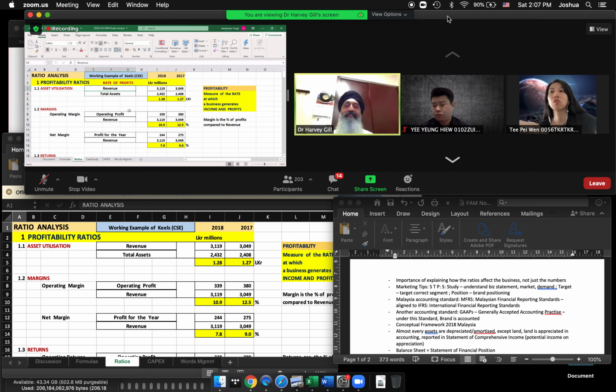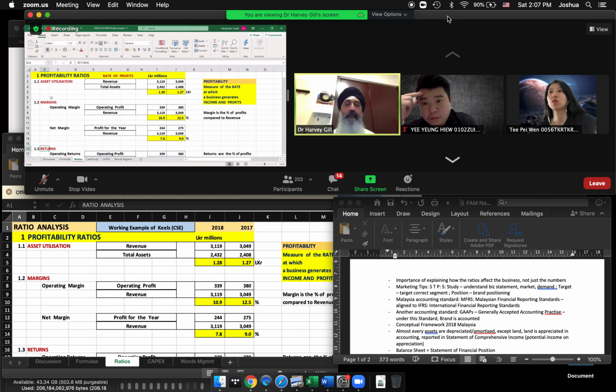So when we look at profitability, there are three broad areas that we look at. Number one, how we generate revenue. That is called asset utilization. From that revenue, how much profit we can squeeze out. That is called margin. And then the question which every intelligent businessman will ask: if I put $1 in the business, how many percent returns can I earn?